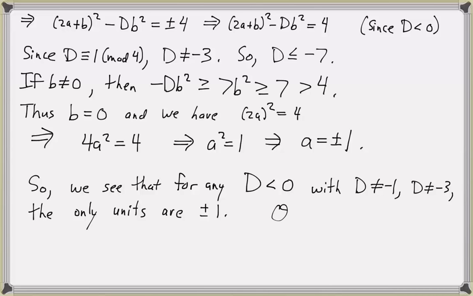So the group of units in O is a set containing just the integers plus and minus 1.